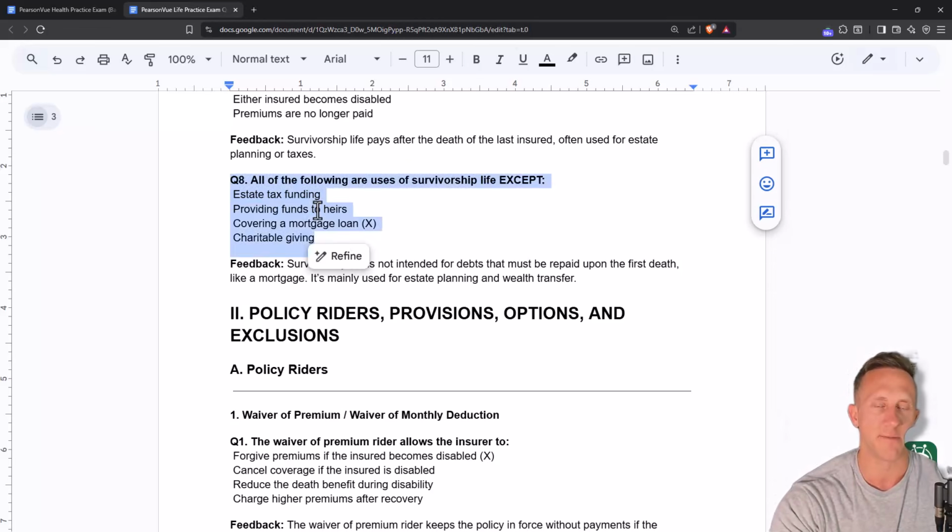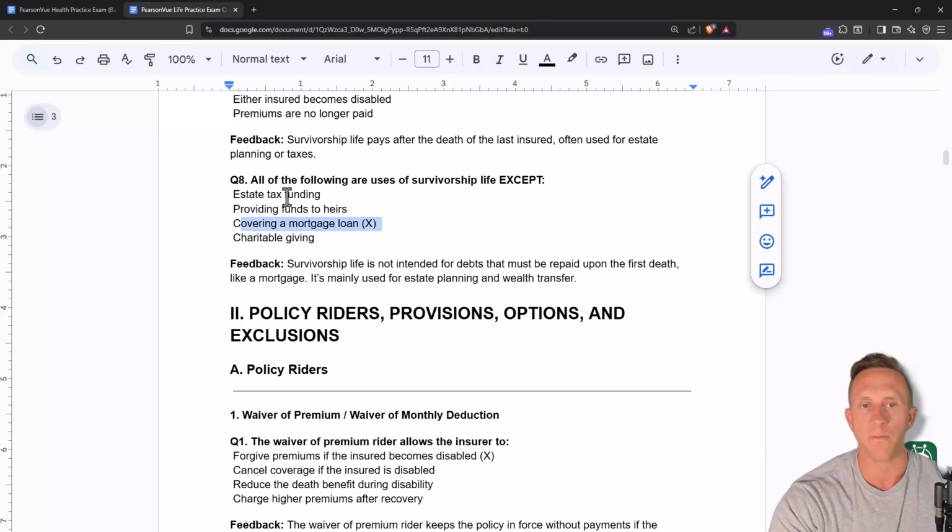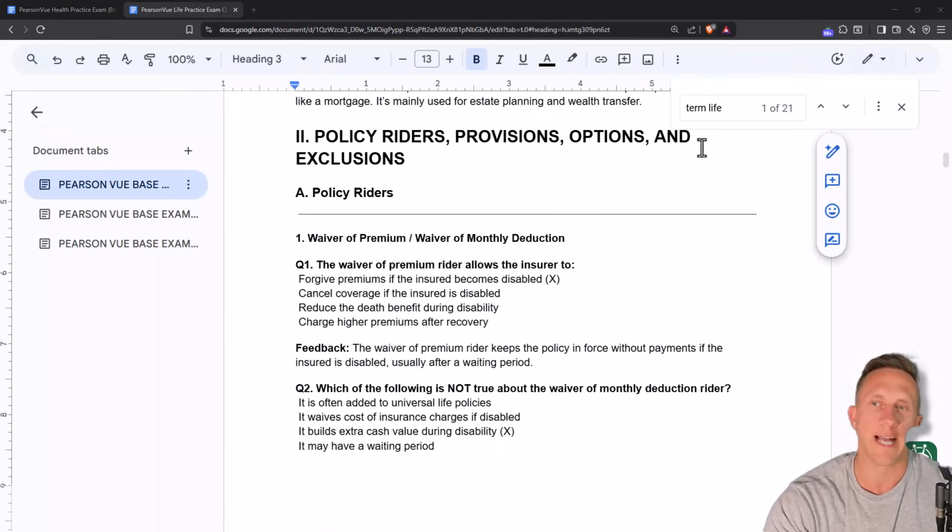All life insurance policies can do that for the most part. Covering mortgage loan. So mortgage loans are typically covered by what type of policy? Decreasing term life insurance. So decreasing term life insurance is what those types of policies typically cover, a mortgage.